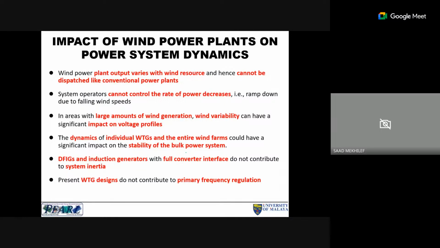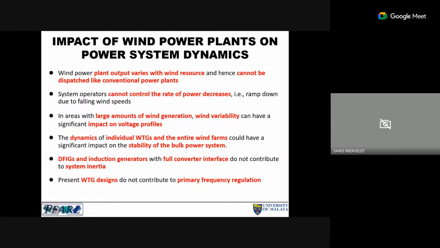This is when they refer to utility scale, because the dynamics of individual wind turbines and the entire wind farm could have significant impacts. Even in a large wind farm, you have different wind turbines operating at different speeds, and different power will be generated.